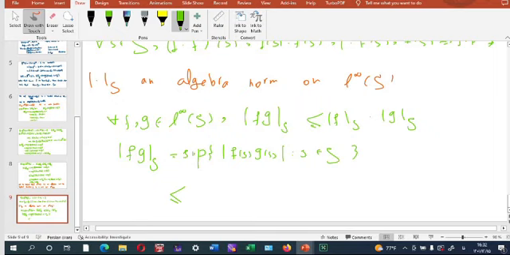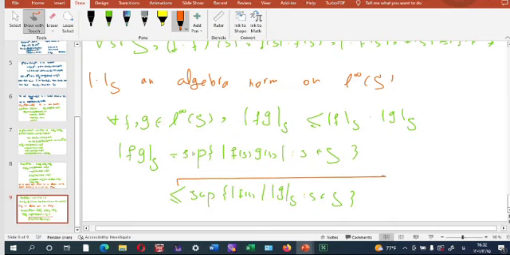And this is less than or equal to this supremum of |f(s)| multiplied by this norm, s belongs to S. This is very trivial because for any s in S, the absolute value of g of s is less than or equal to the norm of g.